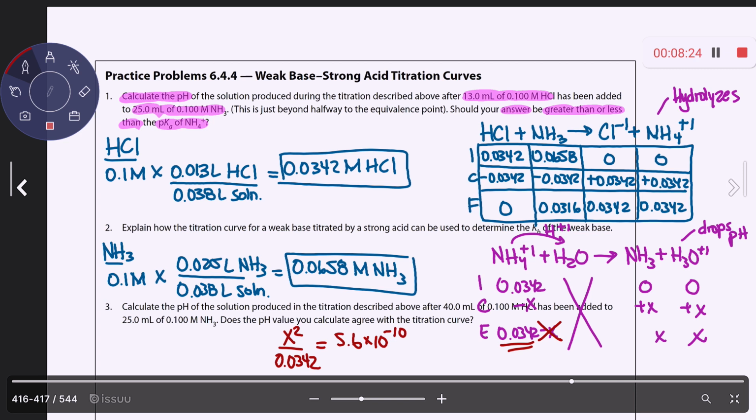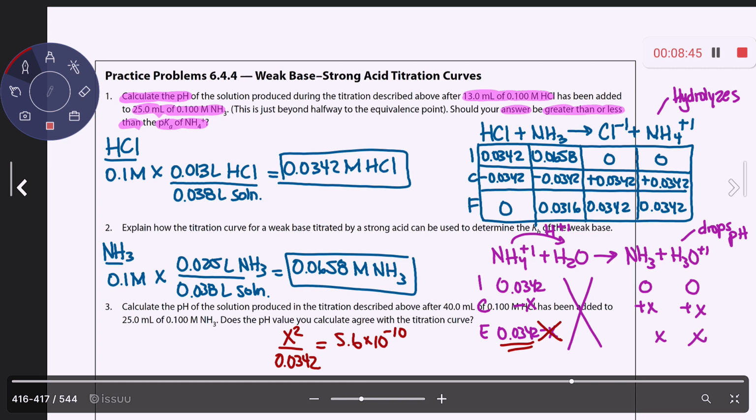Where did the 5.6 come from? That comes from the table. But that's the K. That's what I got. Yeah, that's because it's just beyond halfway.